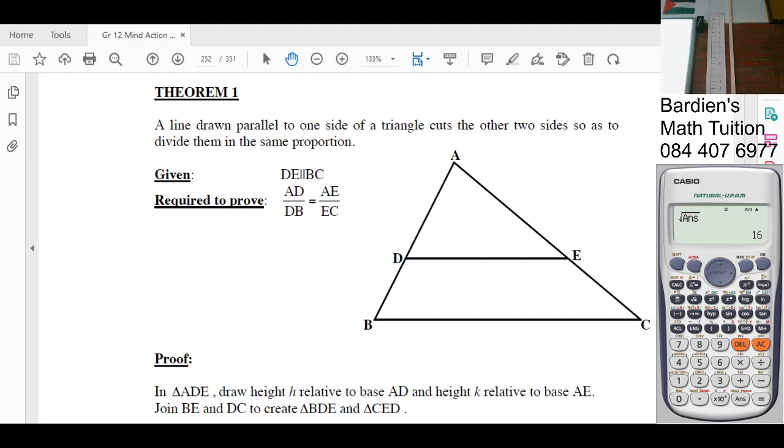That's going to be the link between the two triangles. You'll see now how it works. So that's going to be the area of triangle DEB. How do you work out the area of this triangle? It will be half. What's the base? BD. And what's the perpendicular height for this triangle?